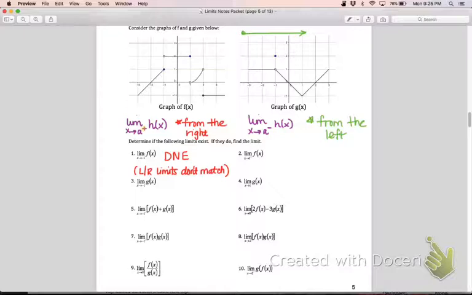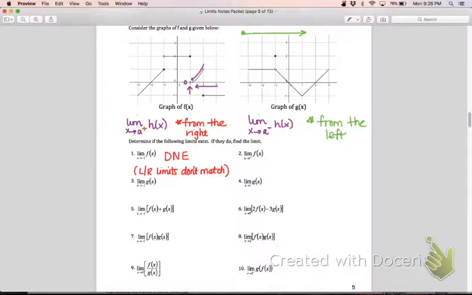All right, so if we want the limit as x approaches 1 from the right of f of x, 1 is what we are going towards, okay? So we're going to come from the right, which means we want to come this direction. So the closest little branch to 1 is going to be right here. So as I move this way, what are we approaching? We are approaching 0.